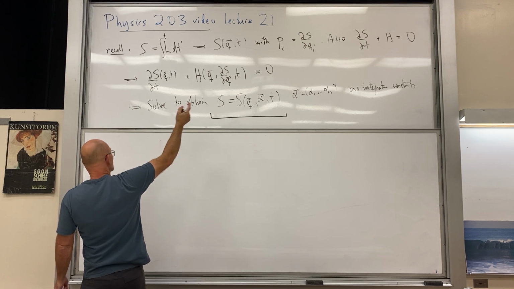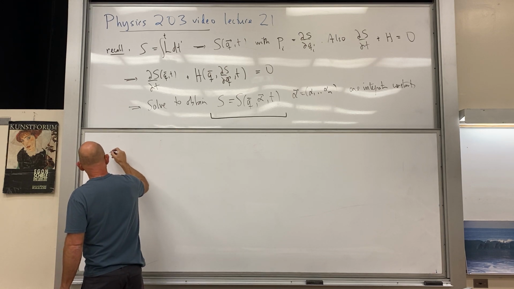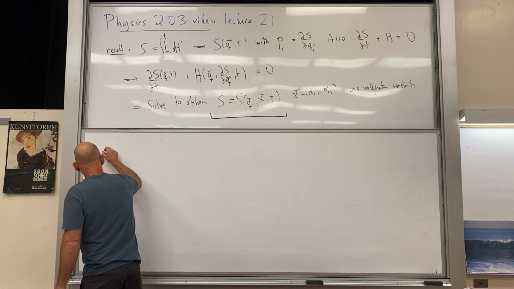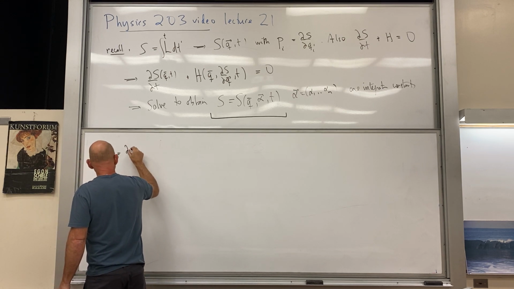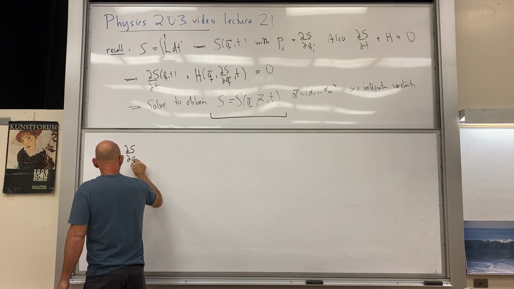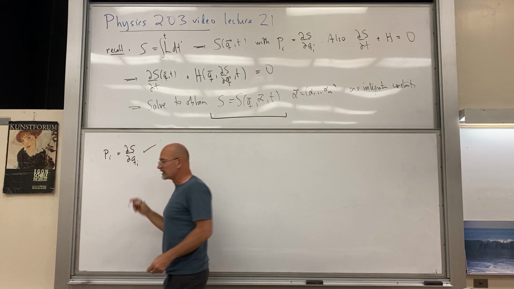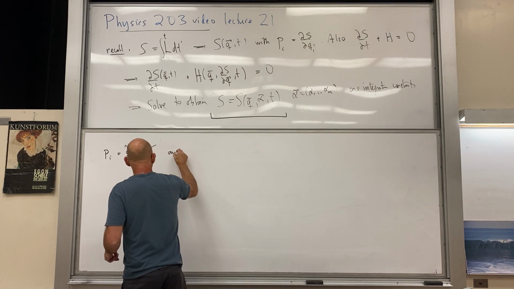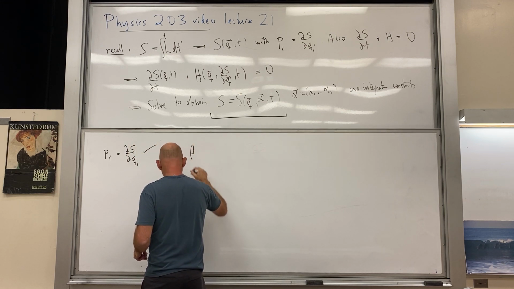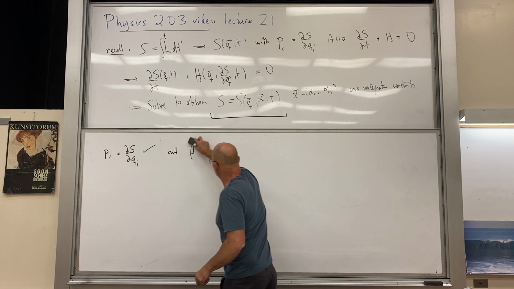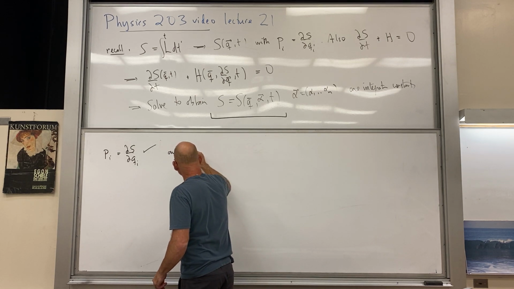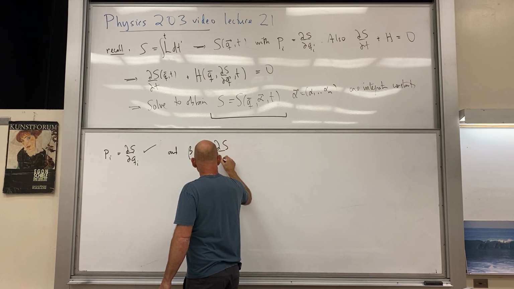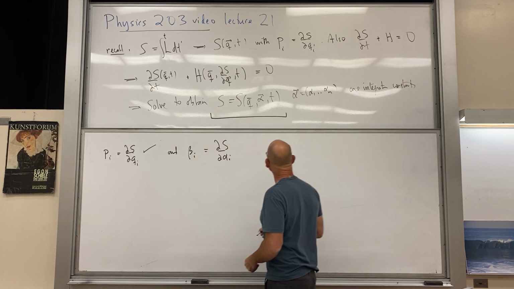What went into it, of course, is p sub i equal to dS/dq sub i. Of course, that went into the construction in the first place. And beta, let's write this down better. Beta sub i equals dS/d alpha sub i.